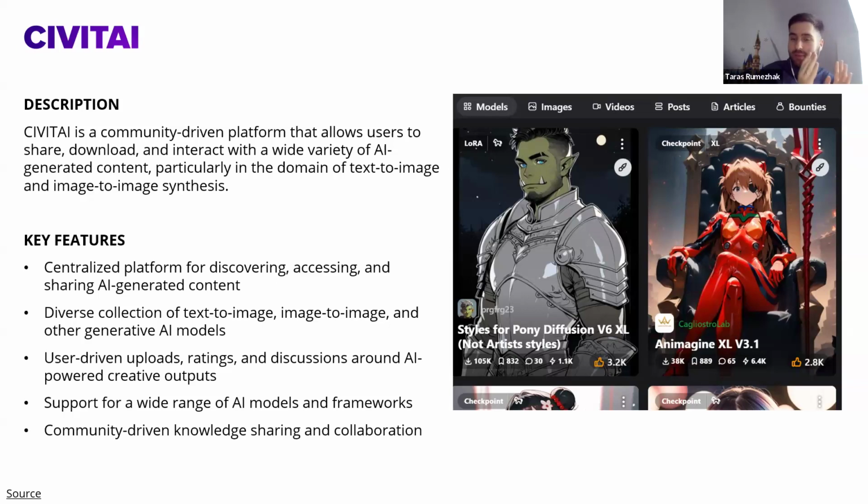Stability AI is not making money from Stable Diffusion directly, but they trained it on some private data. For example, Getty Images is suing Stability AI for releasing Stable Diffusion. That's a problem as well. Still, all of the lawsuits are in progress. We don't know what will happen, but that's an important point to consider.